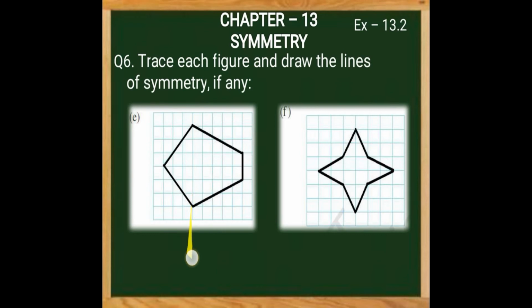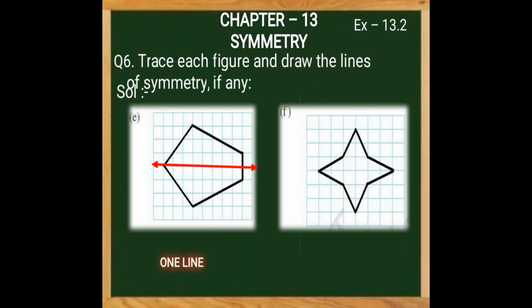There's no other possible way of drawing a line of symmetry in E other than the horizontal one. So let's check. Yes, one line of symmetry it has.